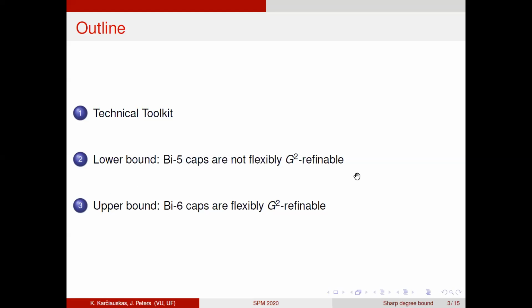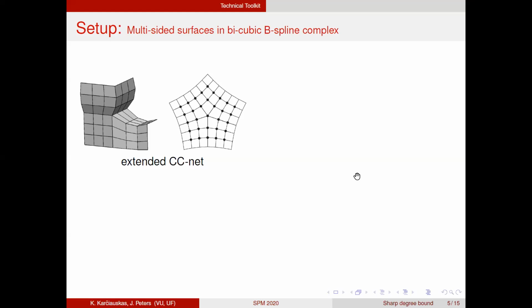Okay, there's 3 parts to my remaining presentation. First, the setup. Here we see what is called an extended CC net. CC is for Catmull-Clark. It reminds of the basic setup that we have there.